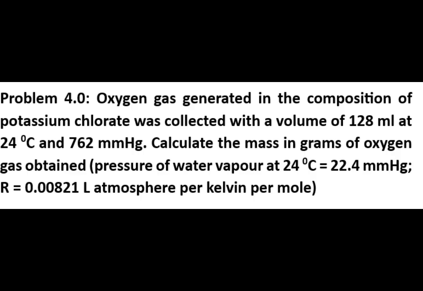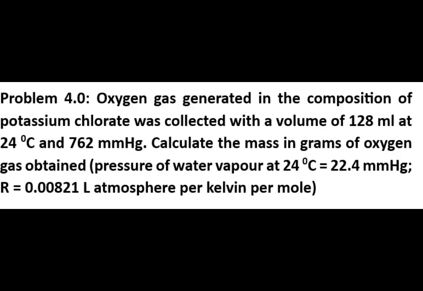Consider these steps to obtain the correct answer to the question in problem 4.0. Partial pressure should be treated as the number of moles. There, you obtain the partial pressure of oxygen from that of water and the mixture, total pressure.